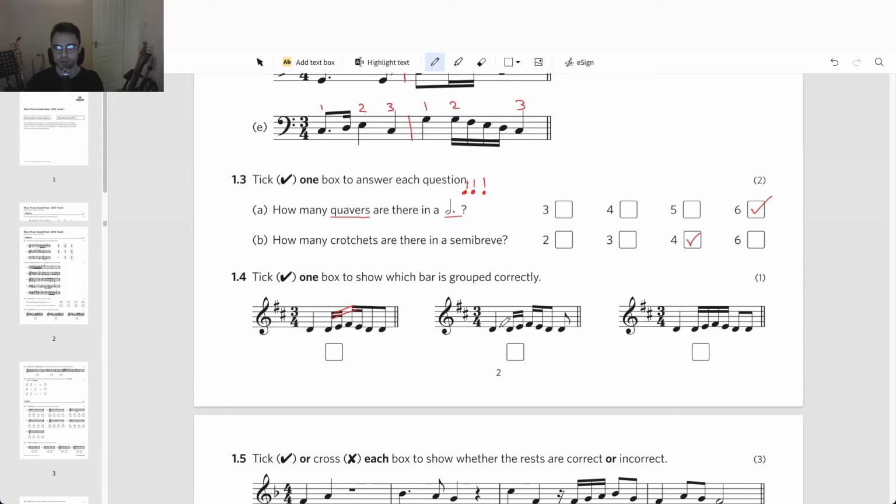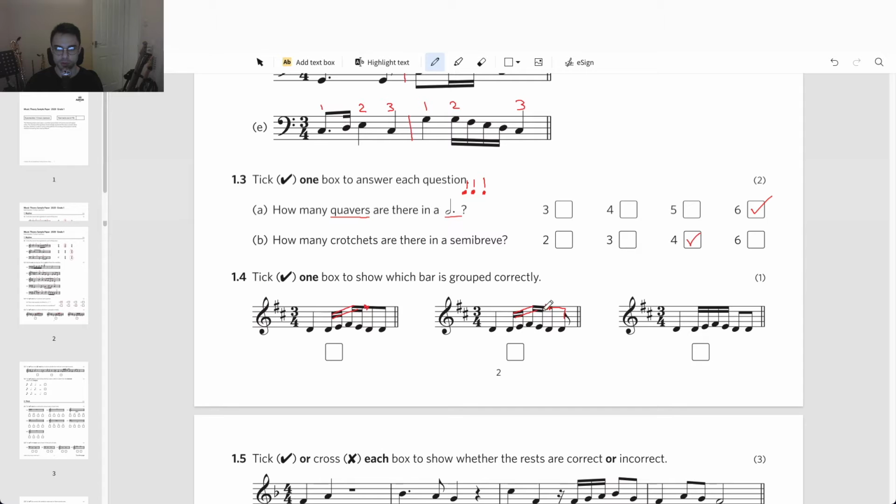Let's have a look at this one. All right, again, these should be joined together, and this shouldn't be here. Like this. This shouldn't be connecting bar. And these should be connected to each other, because these 2 quavers here are on the 3rd beat.